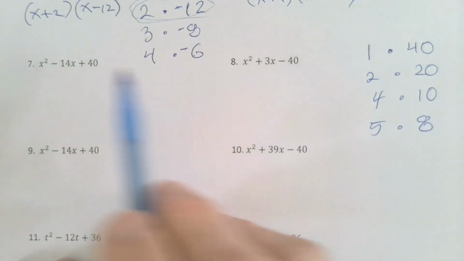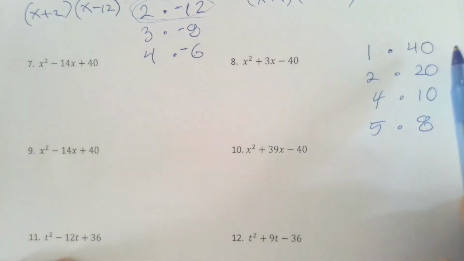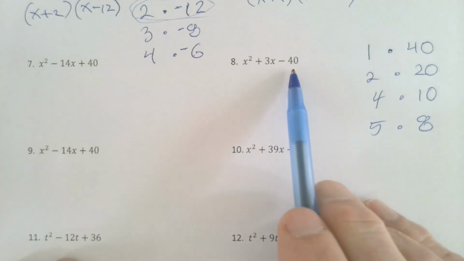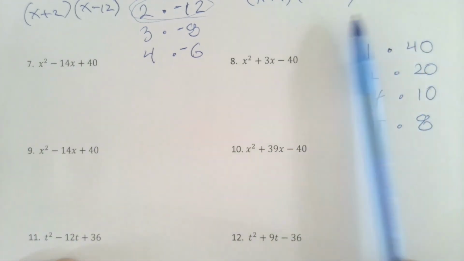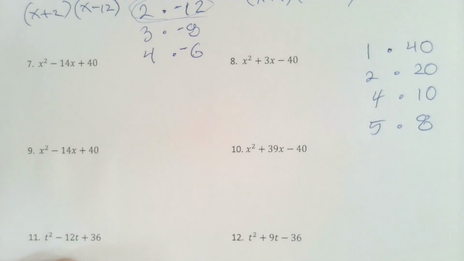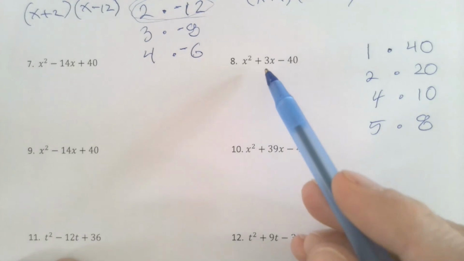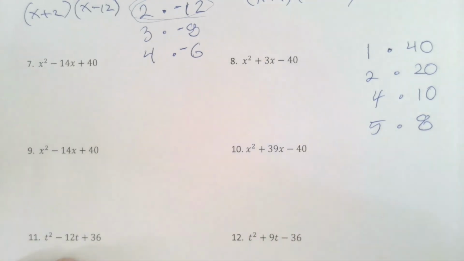These will make 40. Put negatives on both sides, and they will also make 40. But if you want to get negative 40, you have to pick little side or big side. And the answer is, I want the big side to be positive, so that when it comes to that middle term, the positives will win the battle.